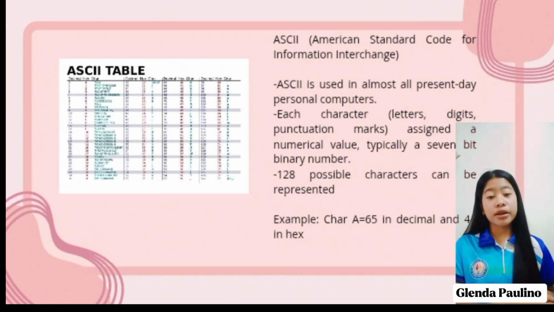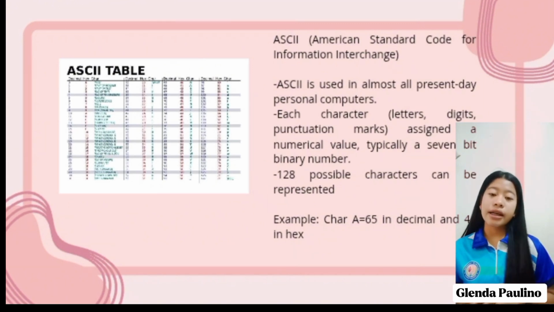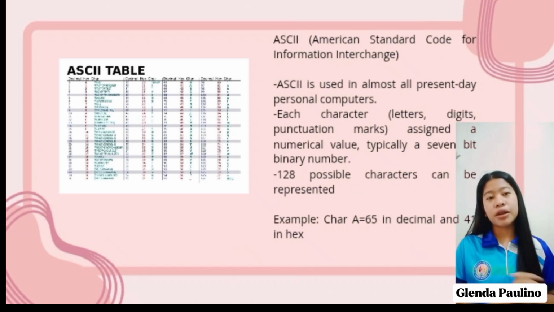Each character, letters, digits, punctuation marks, is assigned a numerical value, typically a 7-bit binary number, and we have 128 possible characters that can be represented. For example, character A is equal to 65 in decimal and 41 in hex.